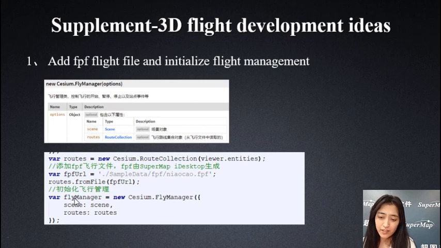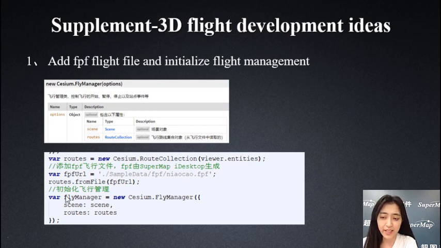Okay, maybe that's confusing, so I'm going to repeat it. When we complete our FPF flight route file, through the flight manager interface, we set the scene object, and through the viewer we obtain the object of the scene.